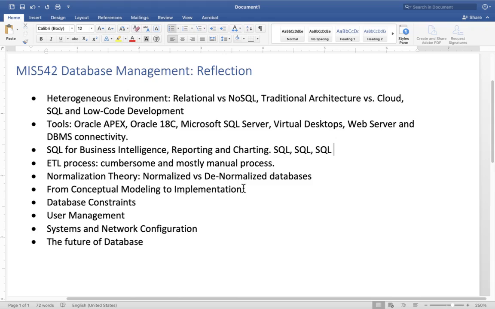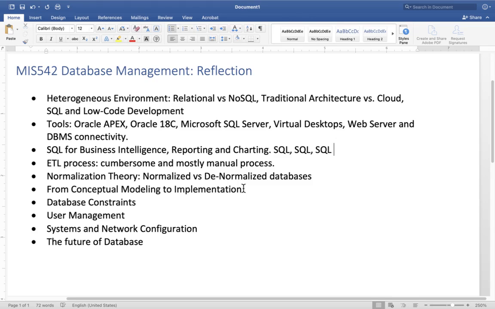And you are also using the Oracle 18c environment that we used in the very last assignment to show you how to do user management and environmental configuration. And from our UIS Oracle server, oracle.uis.edu, that is actually Oracle 12c, an earlier version of the Oracle database system. So you are actually exposed to three different Oracle environments.